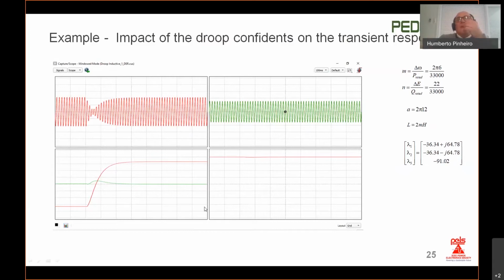So somehow the dynamic performance of the droop is associated with the droop coefficients. Of course, you still have two other parameters to tune: the low pass filter that filters the power, and the virtual reactance, or virtual inductance in this case.